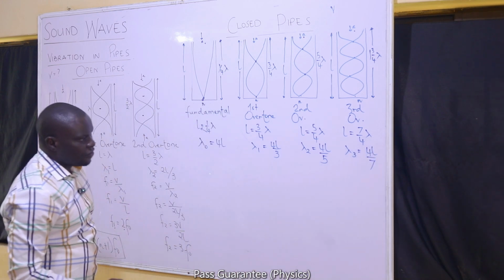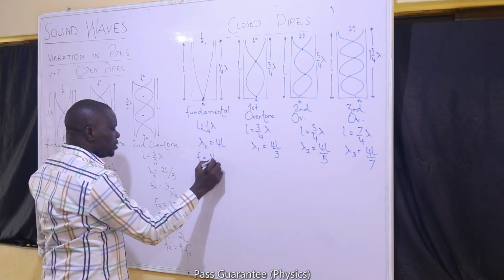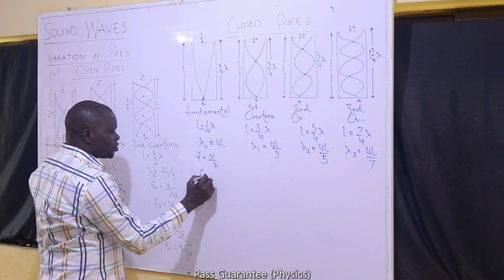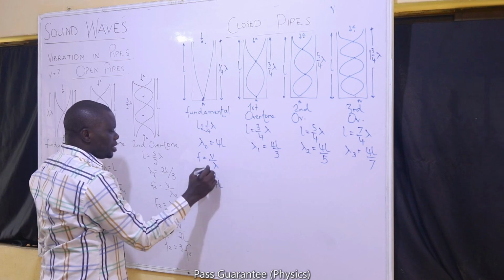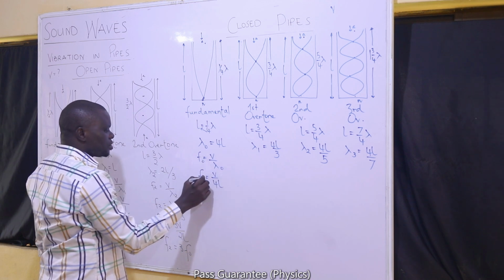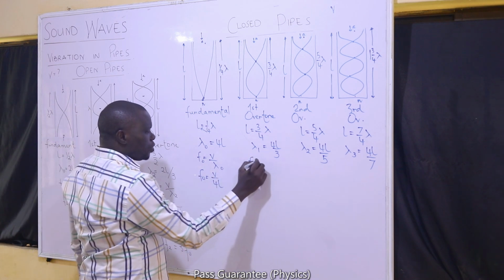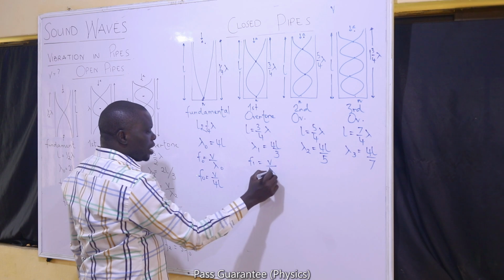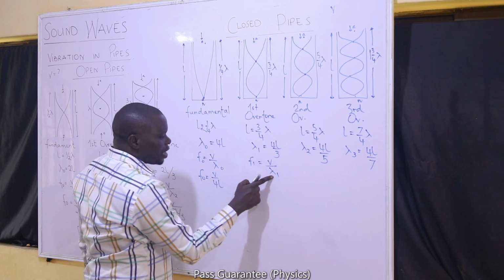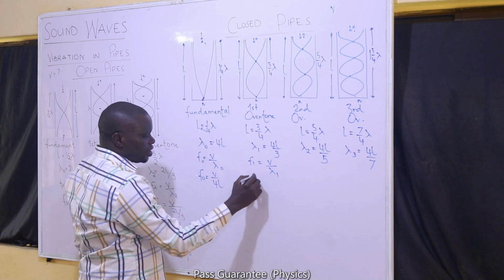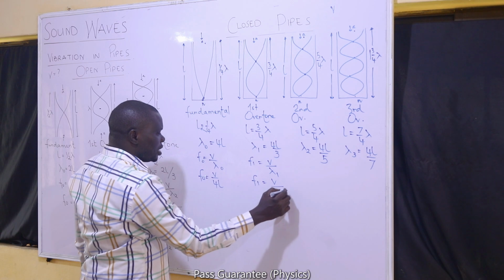If I know that, I can find the frequency. What is F? F is V/λ. That means F must be equal to V all over 4L, which is F0. F1 will be equal to V all over lambda 1. F is always equal to V over lambda. The form of your lambda will be the form of the frequency. So F1 will be equal to V all over 4L divided by 3.